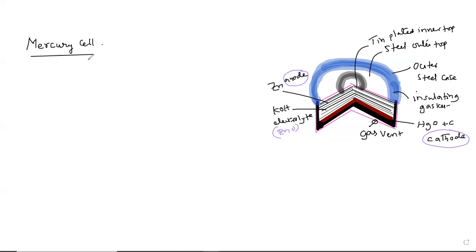In our domestic life, it is used for low current devices. Any low current device can take help of this mercury cell, such as hearing aids, watches and earphones.